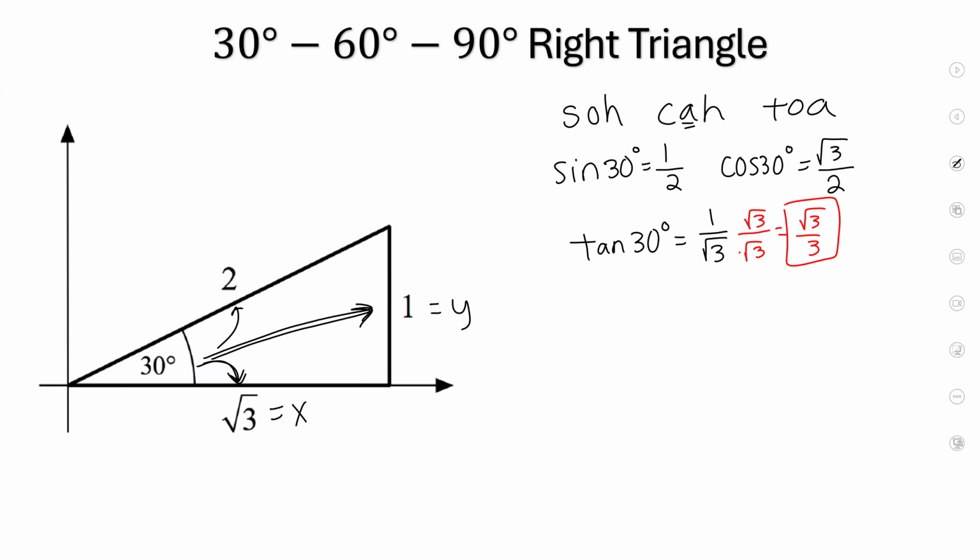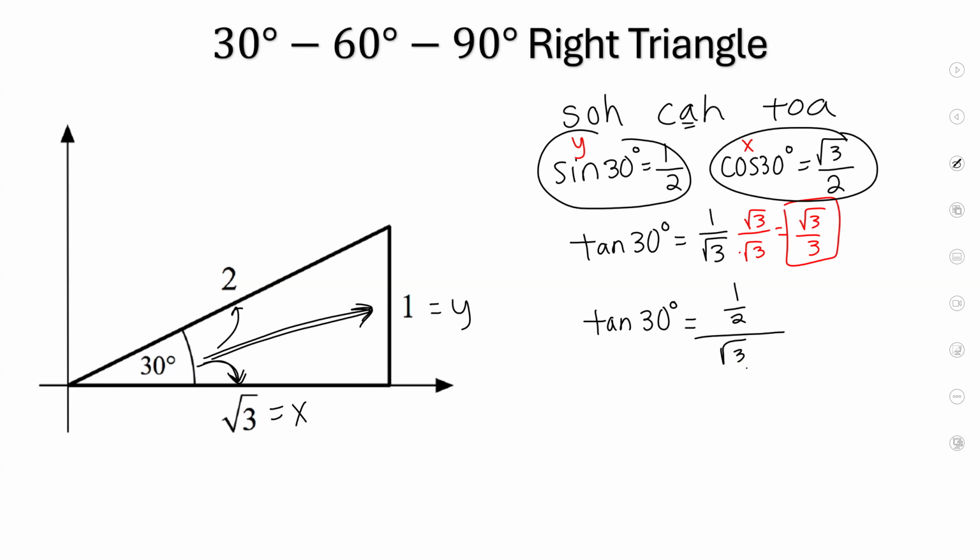Okay, remember that I told you guys whenever you think about sine, think of y, and whenever you think about cosine, think of x, right? So in the same way, you can also say that tangent of 30 degrees is your sine, 1/2, over your cosine, square root of 3 over 2.